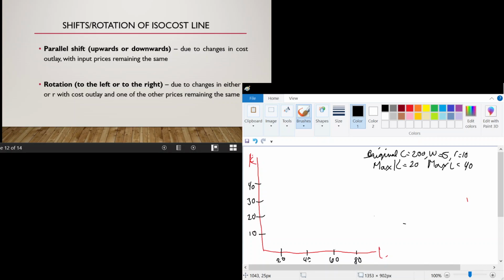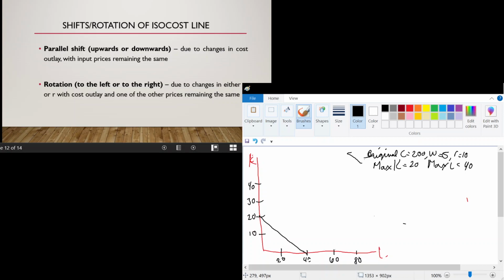Okay? So, ito siya. Okay, so yan yung original isocost line natin. So, maximum of 20K and maximum of 40L.